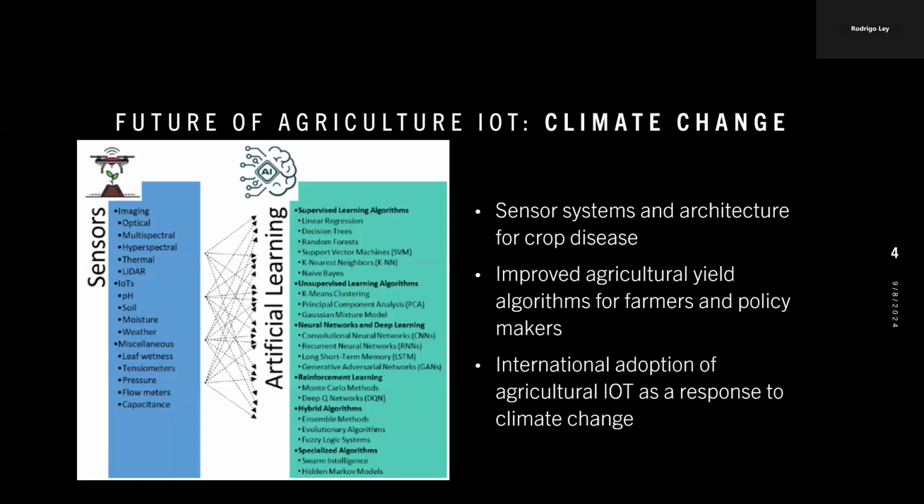With the graphic here on the screen, you can see the range of data, the range of sensors, and the range of AI and ML to process that data. Now consider the dozens of crops that humans grow throughout the planet, and the dozens of diseases and pests that affect those crops.